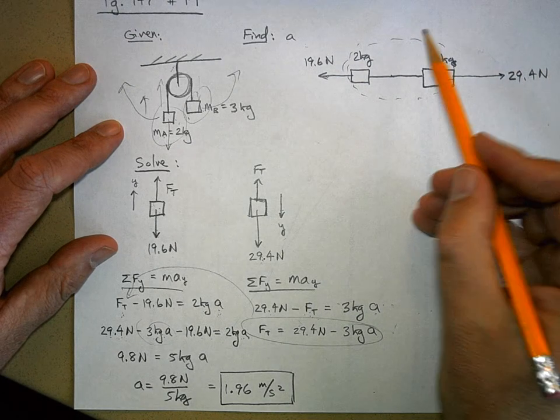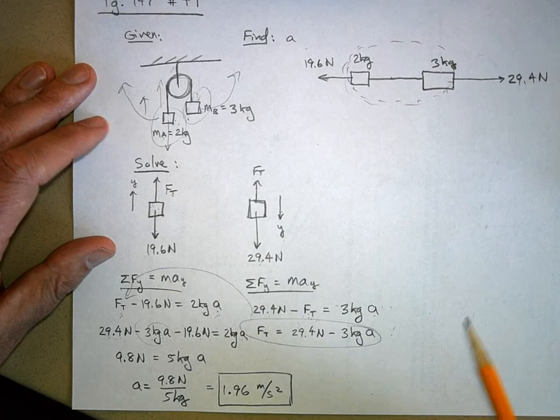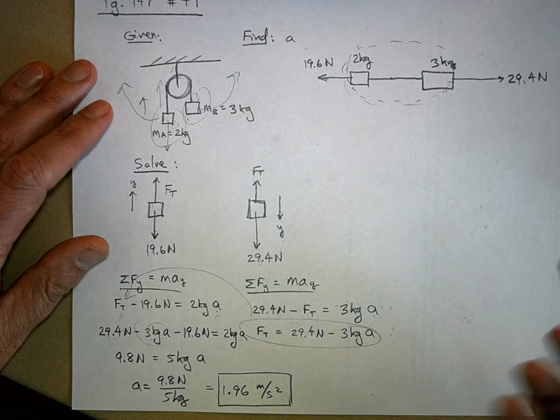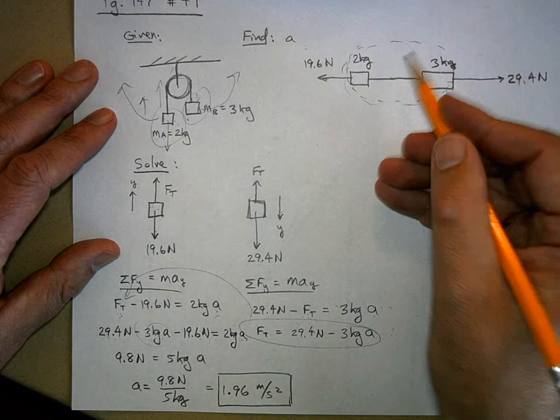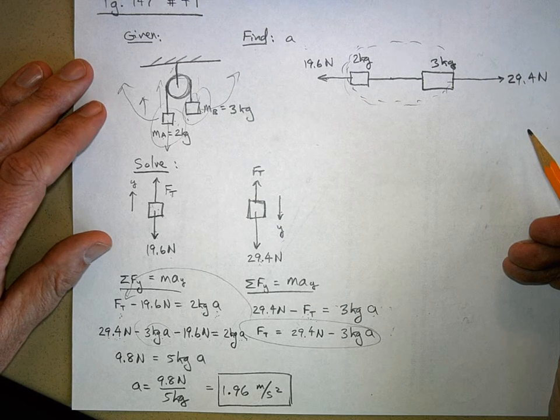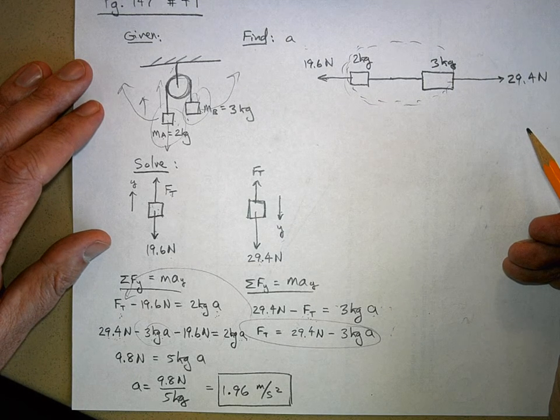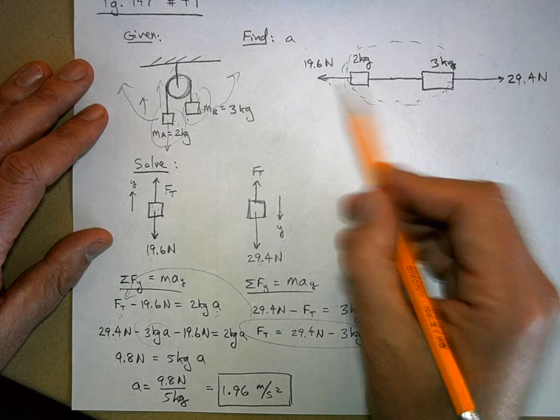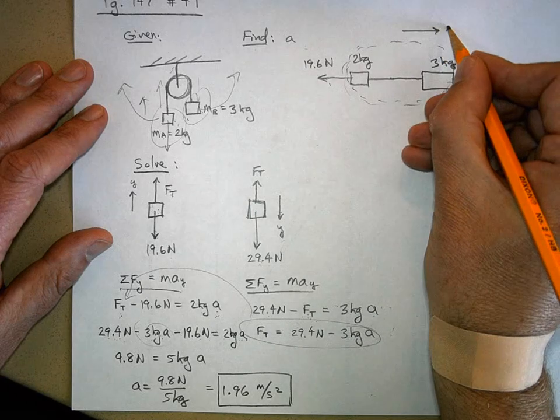Okay, and these are the only forces acting. So what I'm going to do is say, this is step 2, which is to draw the free body diagram and show the forces acting. I need a coordinate system. I'm going to make this the positive x direction.